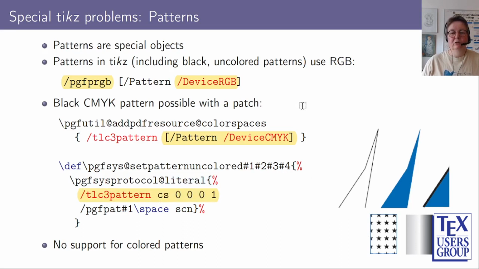But this was only for one pattern, and for a real solution we would need some TikZ changes. There is no support for colored patterns. These are simply still RGB.